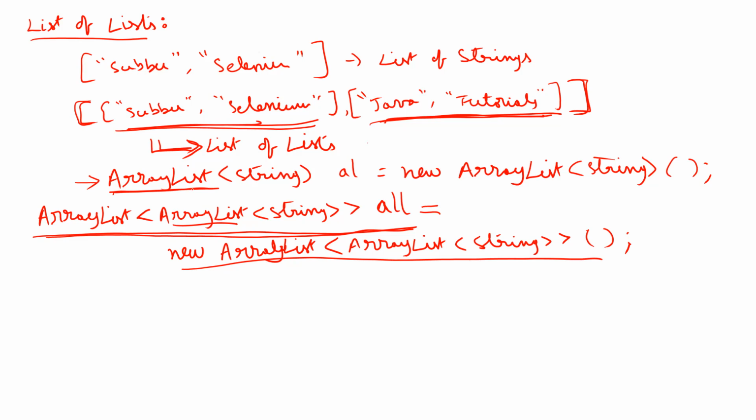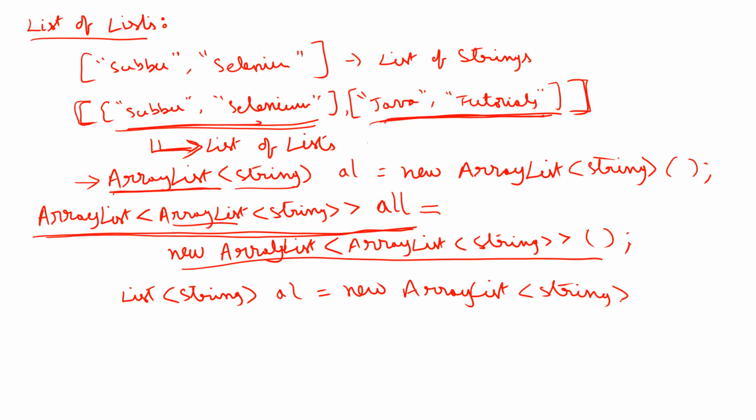Instead of doing it like ArrayList of String, we will directly say List of String AL equals new ArrayList of String. So instead of ArrayList of String, we say it's a List of String.